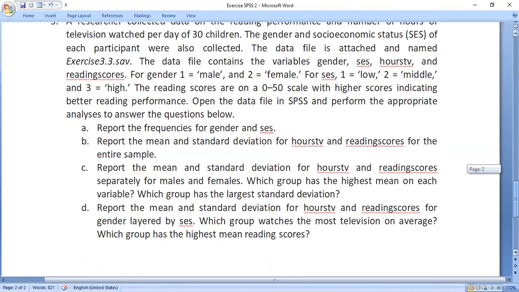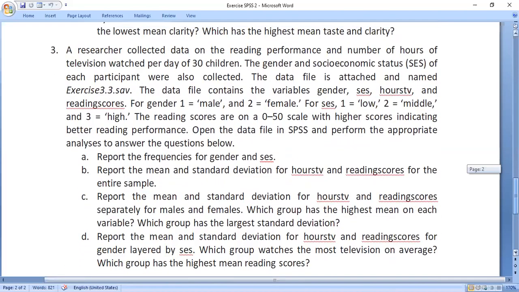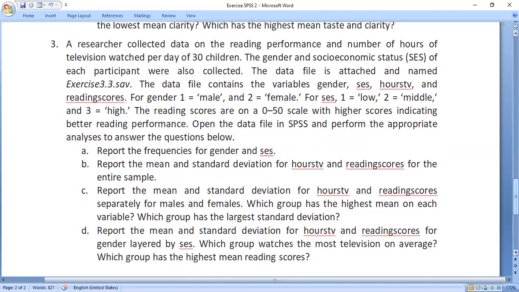Talking about the third question, a researcher collected data on reading performance and number of hours of television watched per day of 30 children. The gender and socioeconomic status of each participant was also collected. The data file is attached. The data file contains the variables gender, socioeconomic status, hours TV, and reading scores.